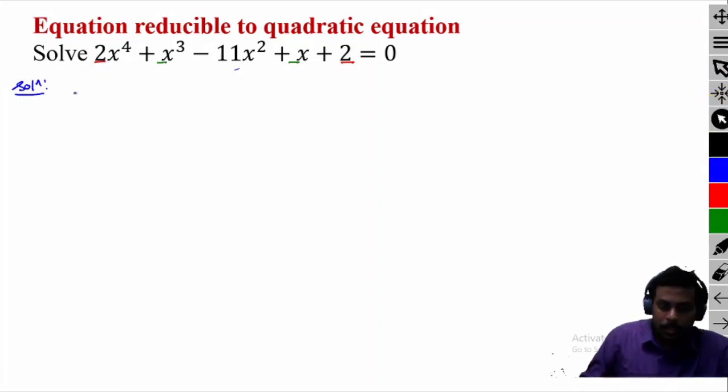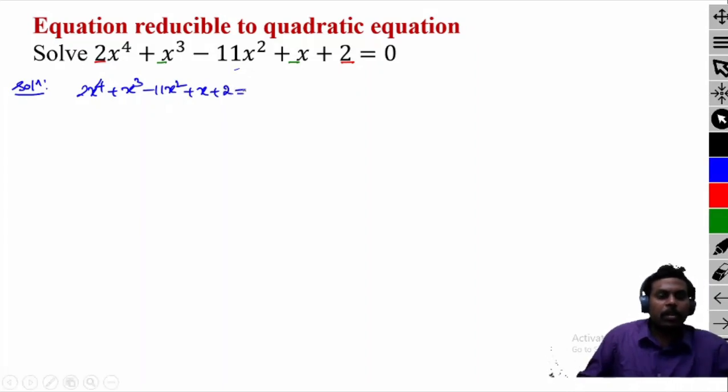So the solution here is 2 into x to the power 4 plus x cube minus 11x square plus x plus 2 is equal to 0. We call it equation 1.